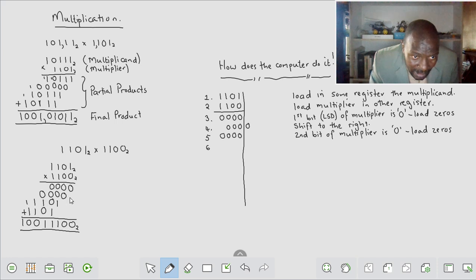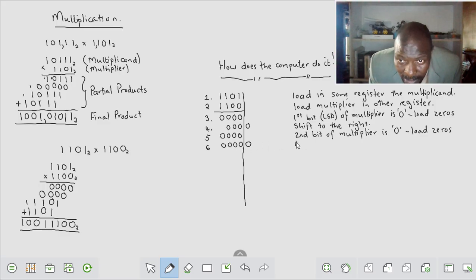So what do you do? You add. When you add, it is 1, 2, 3, 4, 5. If we added at that point, we're going to have 1, 2, 3, 4, 5. So you load and then you add 5.